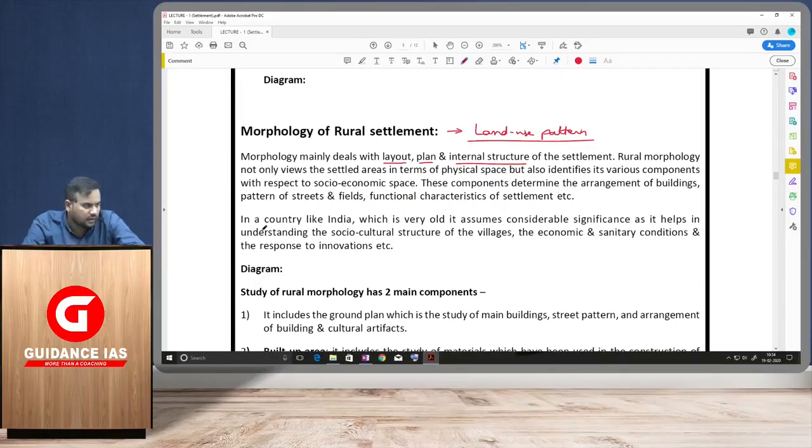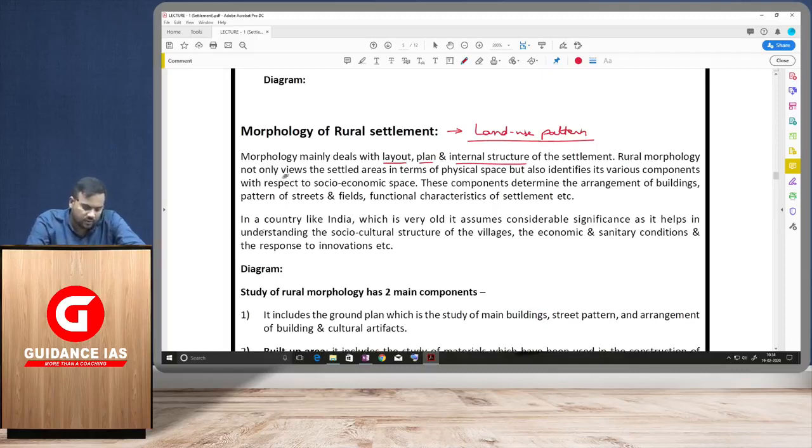How essentially the land is being used, how the streets are formed, how the houses are built, what is the structure of the houses, with what material they are built. All these things we essentially study where? In the morphology of the rural settlements.